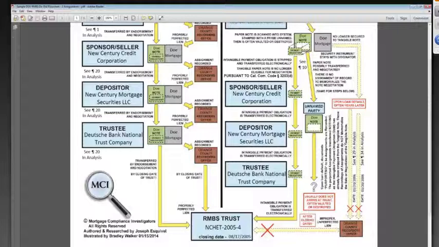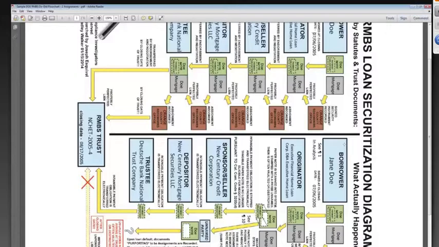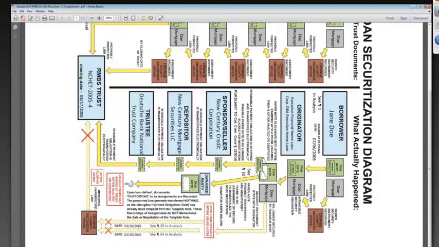Now, these are assignments. I'm doing a side view to show you these are 2 assignments that were done. And we reference the assignments in our investigation and analysis pertaining to chain of title.